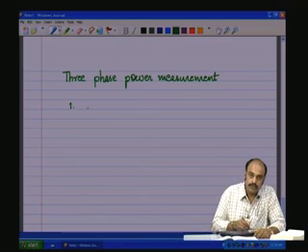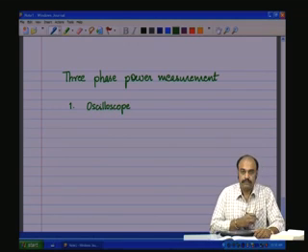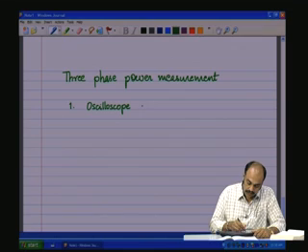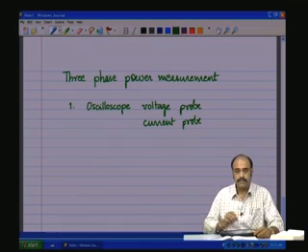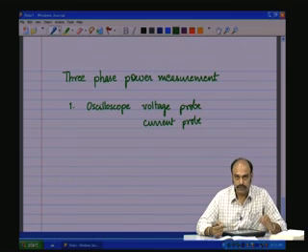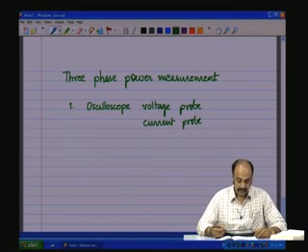One is to use an oscilloscope with a voltage probe and a current probe, which would be the best method, because you would get the actual wave shapes of the voltage and the current waveforms.